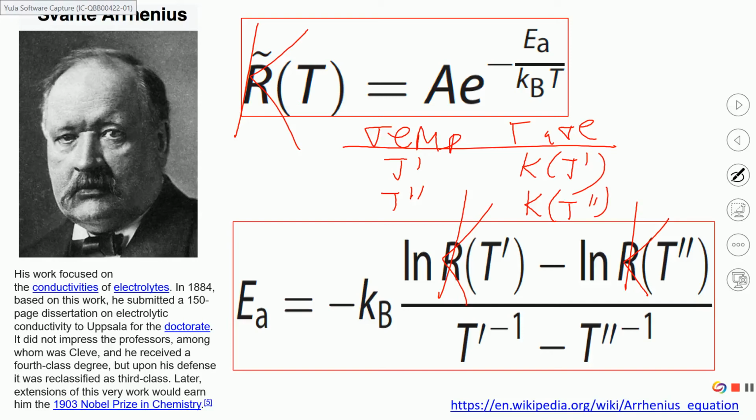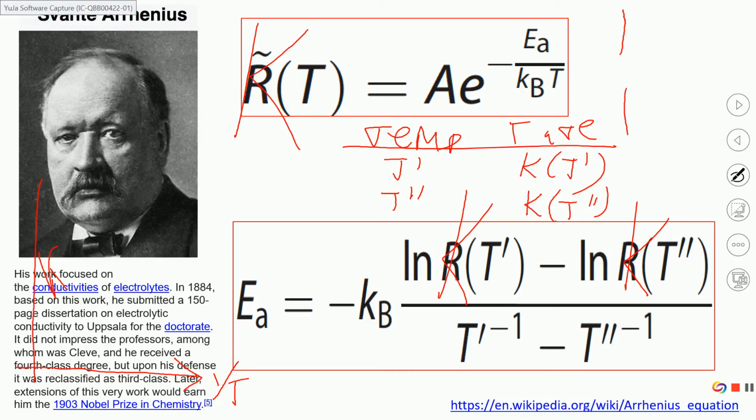I'm not showing an illustrative figure, but in other classes and in reading, probably Svante Arrhenius will not be offended if I draw on his face, because it is his theory. Because of the nature of this equation, instead of dependence on temperature, it is very comfortable to plot the dependence as a function of 1 over temperature.